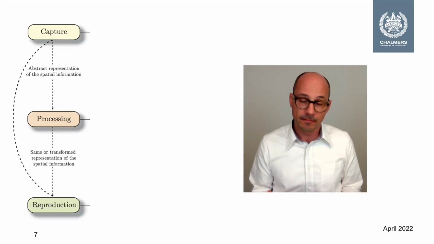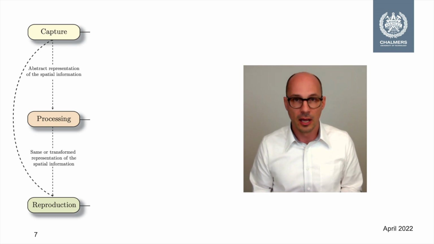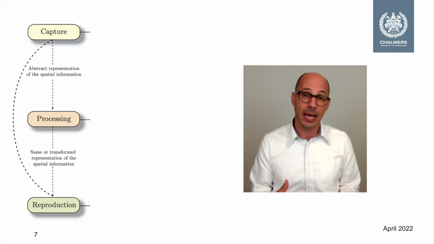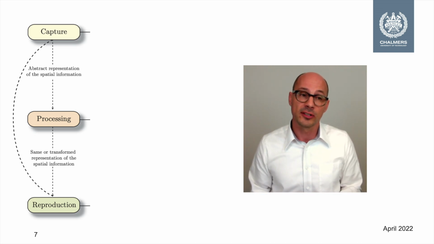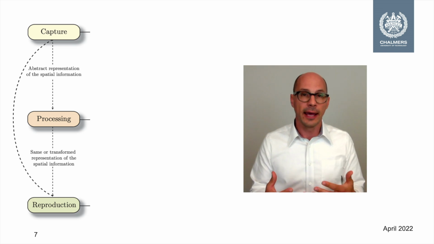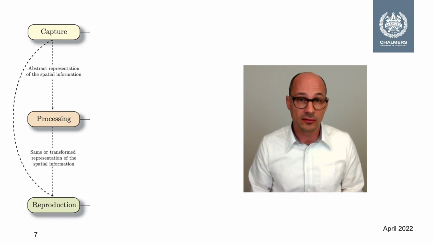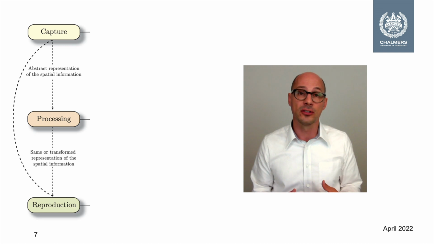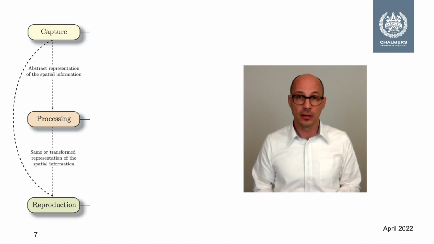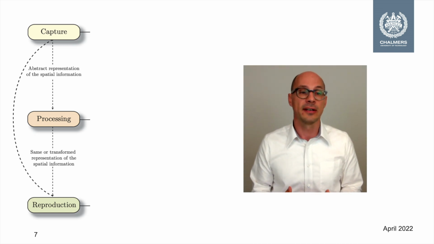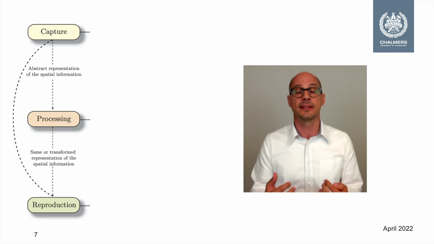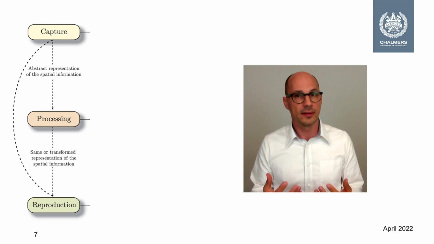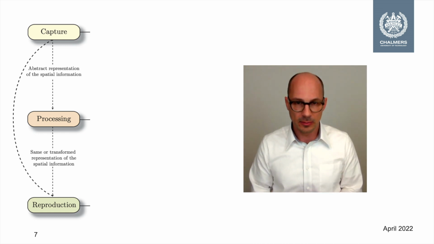The presentation will be organized based on the general structure of the spatial audio processing pipeline, which consists of a capture stage that captures the spatial audio scene, then converts it into some sort of abstract signal-based representation that is either directly piped into the reproduction stage, or there is an optional processing stage in which, for example, information is extracted from the sound scene or the spatial information in the sound scene is manipulated.